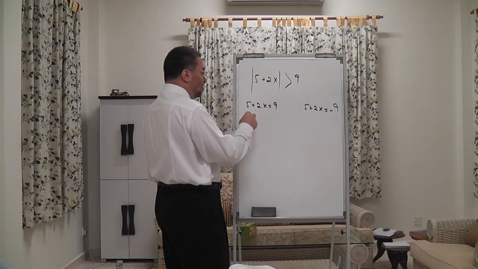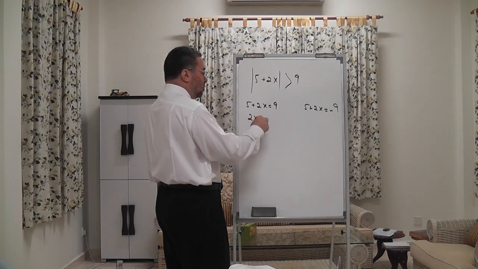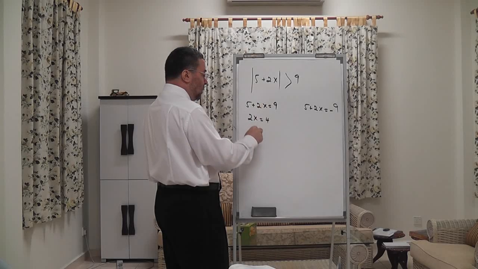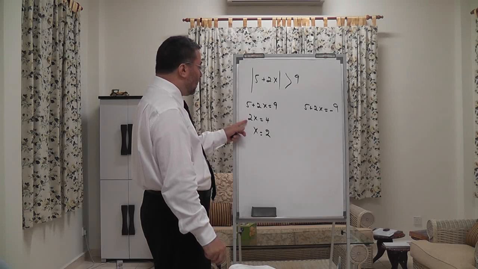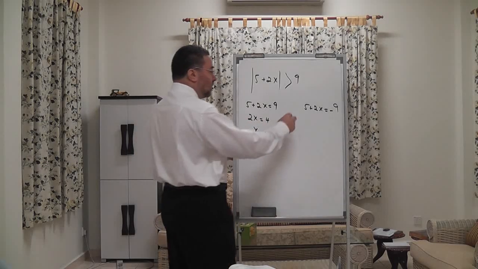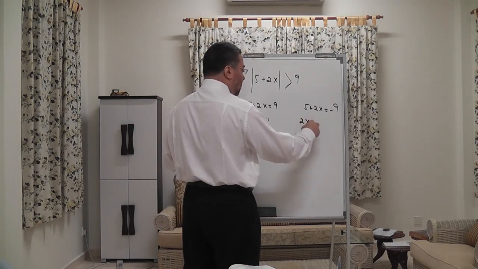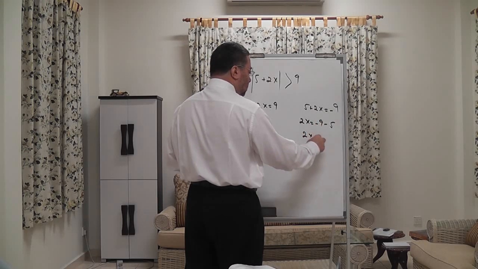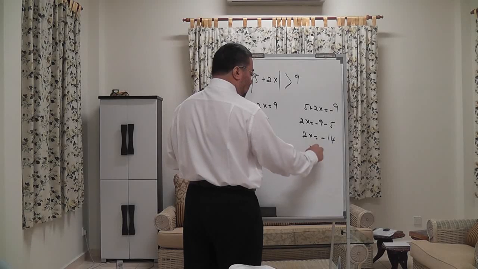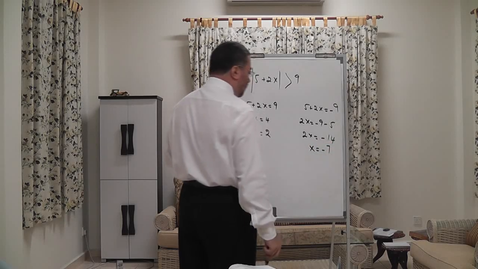In the first situation, we have 2x equals 4, take 5 to the other side and subtract it, and x equals 2, dividing everything by 2. Here we have 2x equals minus 9 minus 5, and 2x equals minus 14, and x equals minus 7.